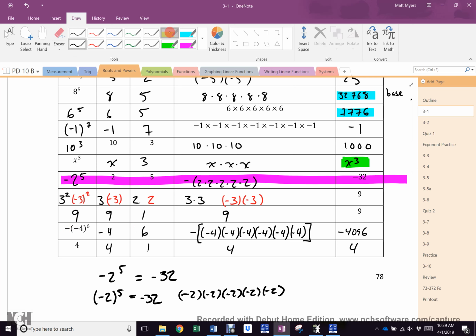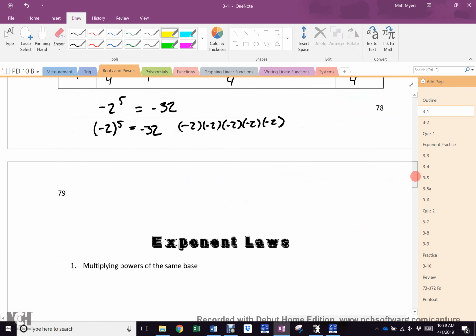That everything after it is going to be opposite, right? What if that exponent was 7? Would this be a positive or a negative number? Positive. Everybody good? Excellent. And then the last one's easy. Are we all good? Okay, turn the page over and let's review the 9th grade.